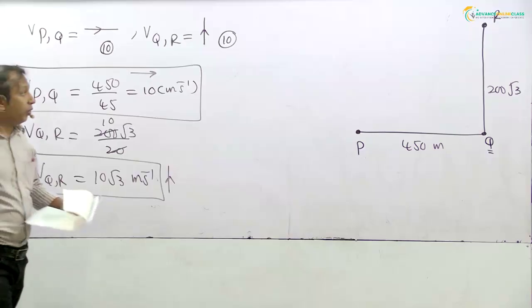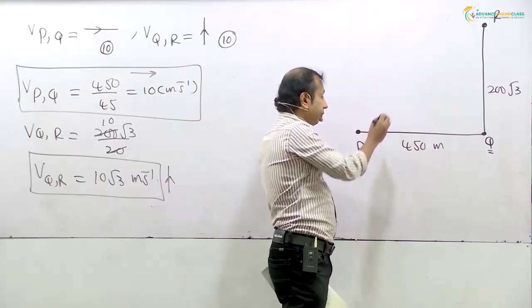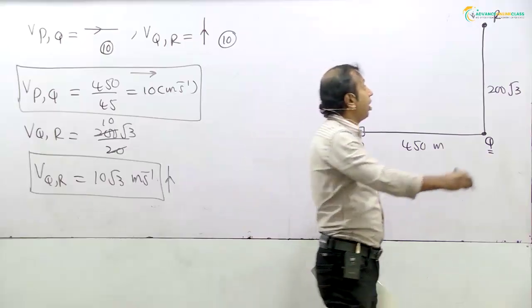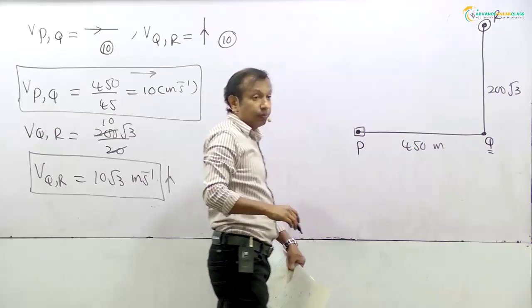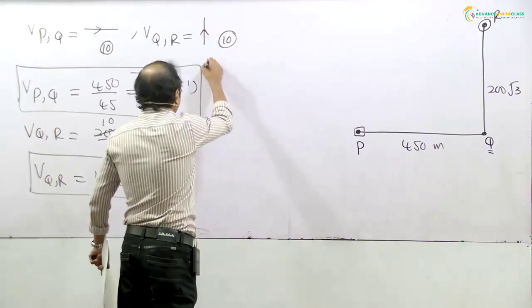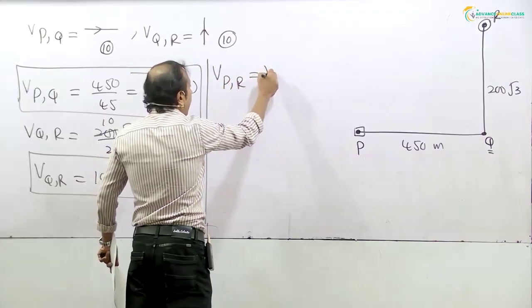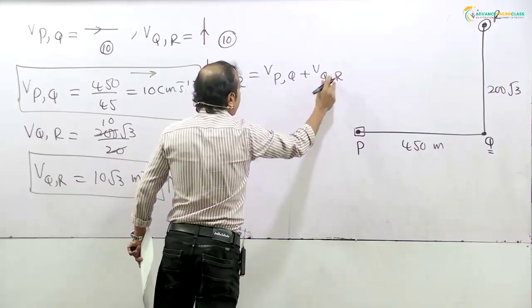Okay, now I'm going to find this. Relative to R, I'm going to find the velocity of P. That means I stop this R here. After stopping R, I'm going to find the velocity of P. I need to find the velocity of P relative to R. This is VPQ plus VQR.